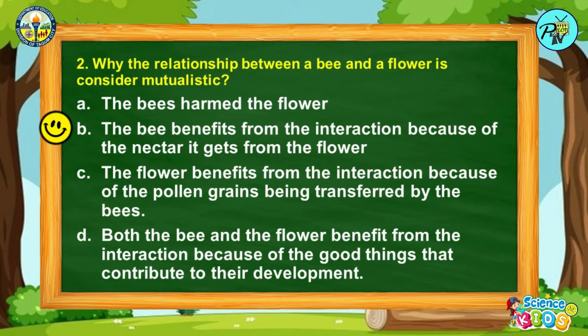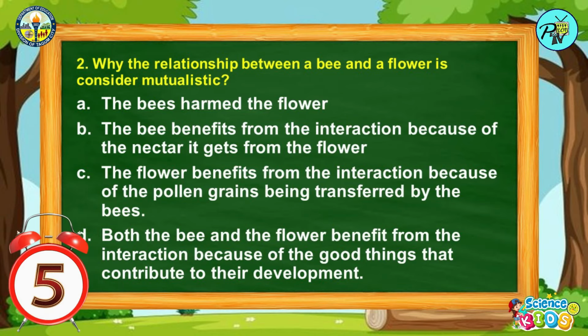B. The bee benefits from the interaction because of the nectar it gets from the flower. C. The flower benefits from the interaction because of the pollen grains being transferred by the bees. D. Both the bee and flower benefit from the interaction because of the good things that contribute to their development.